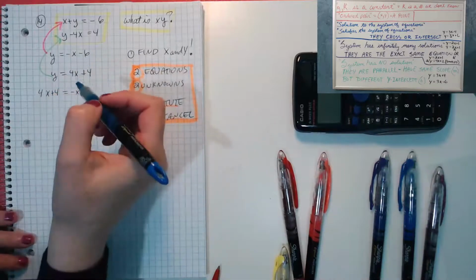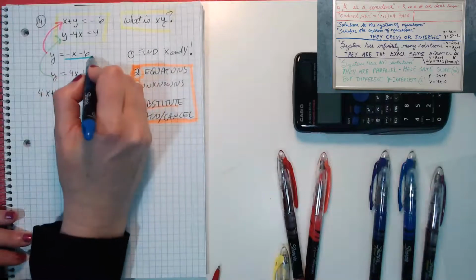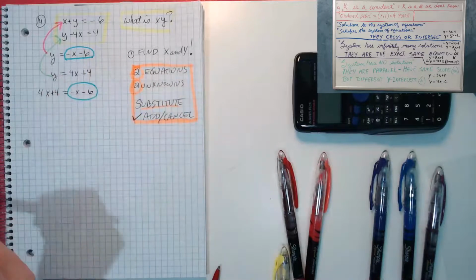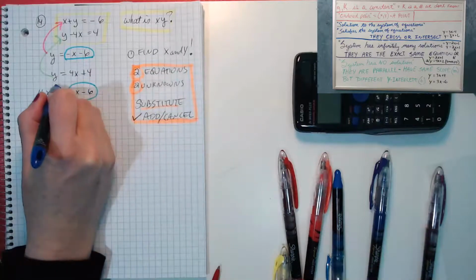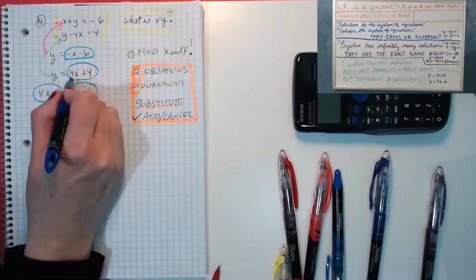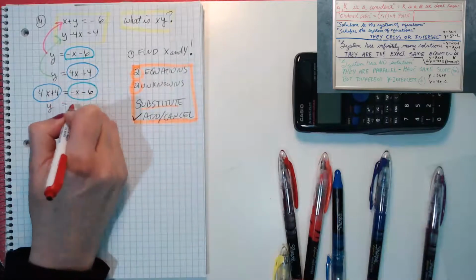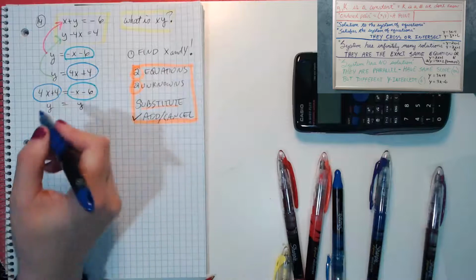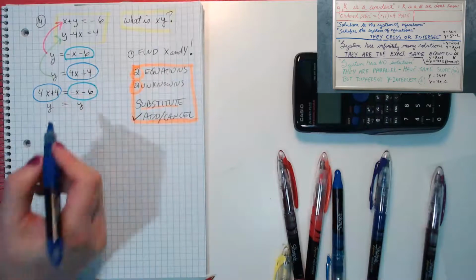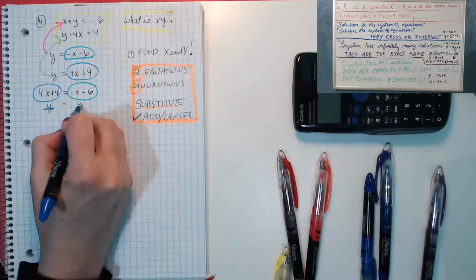I would take this y from this equation and set it equal to this y. What I'm basically doing is setting y equals y. I'm saying this y equals this y.